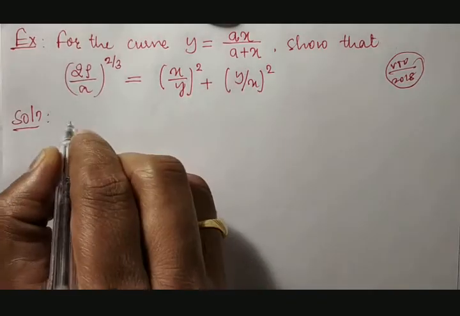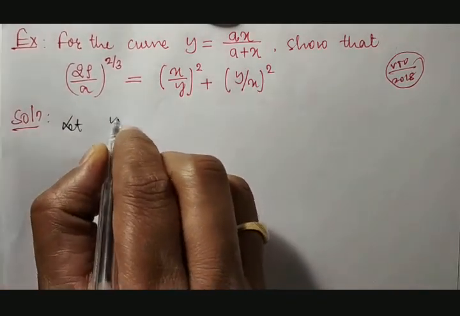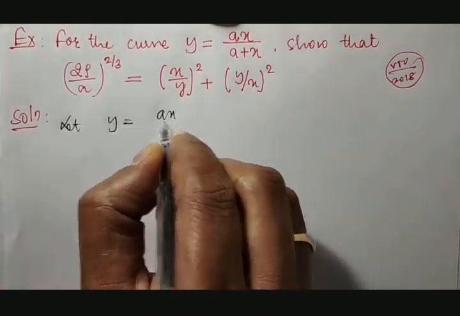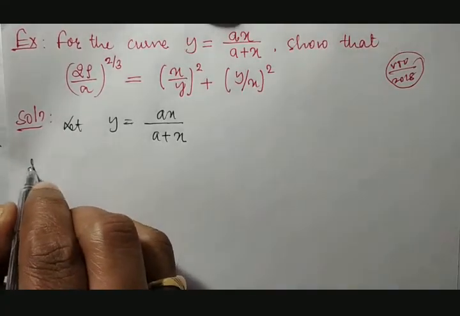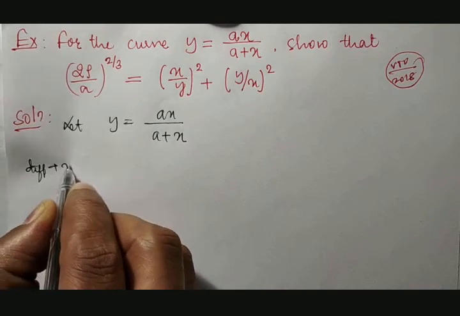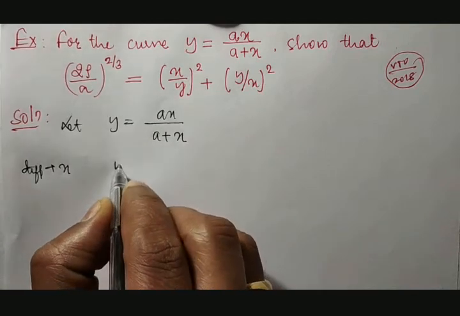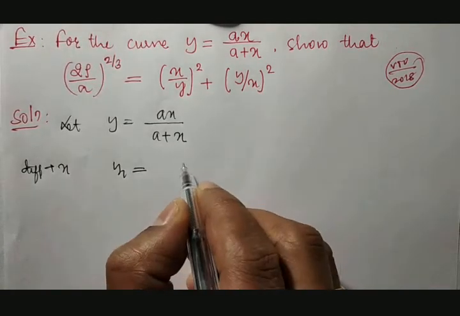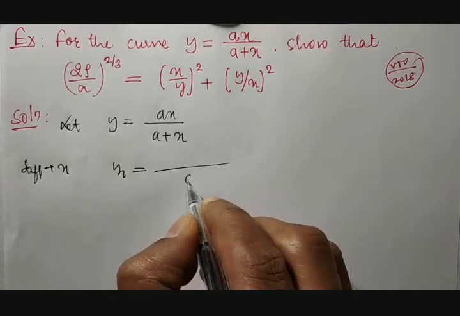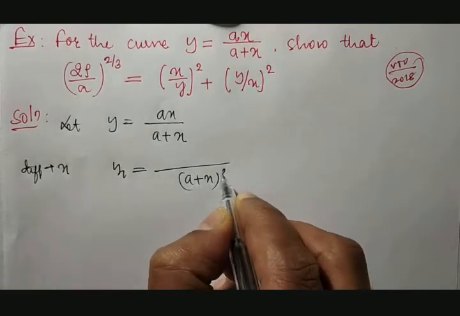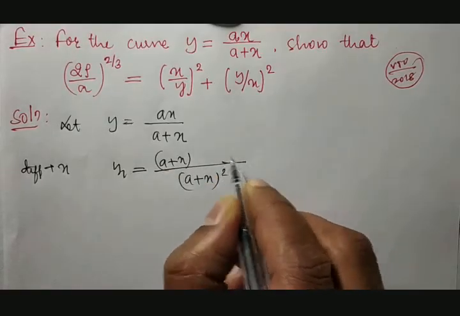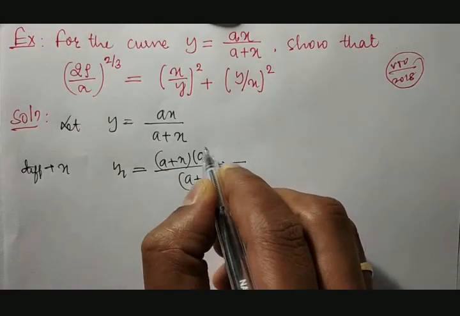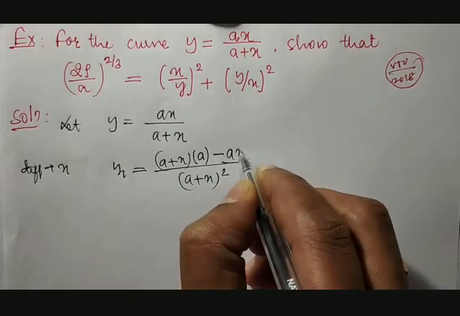So very first I'll be considering the given curve y is equal to ax divided by a plus x. Then this will be differentiated with respect to x. Then y1 is equal to a plus x the square. Then a plus x common. Then differentiation of ax with respect to x is a, minus ax common.